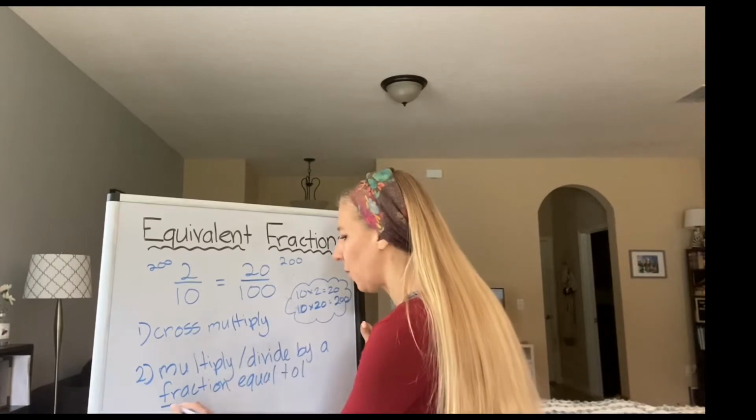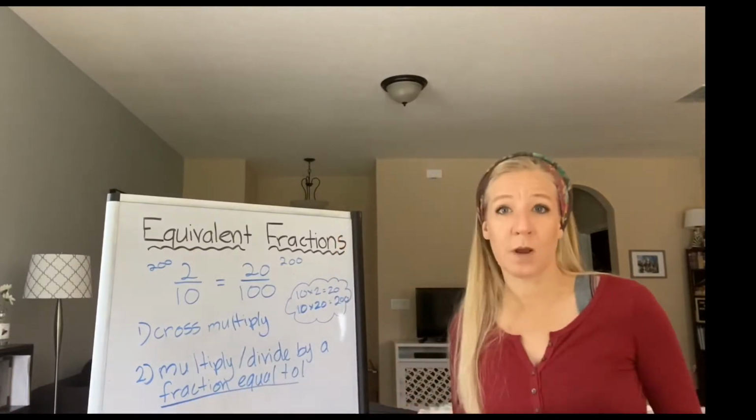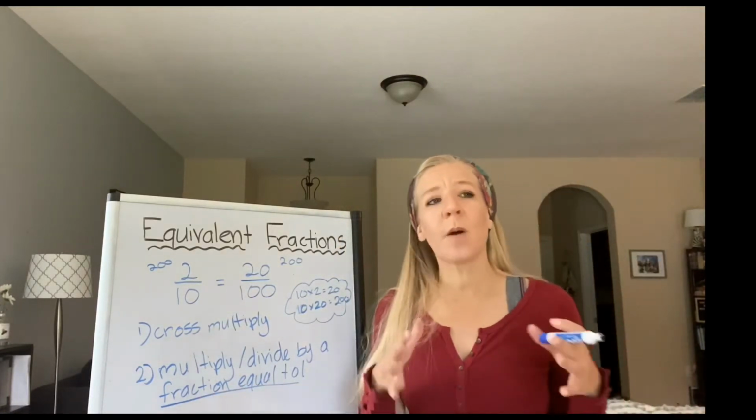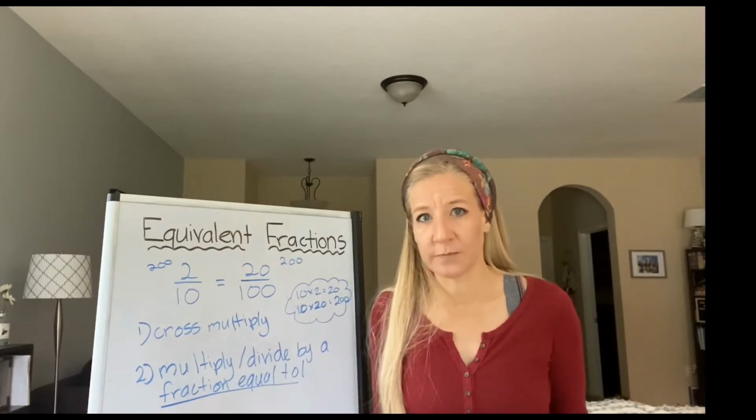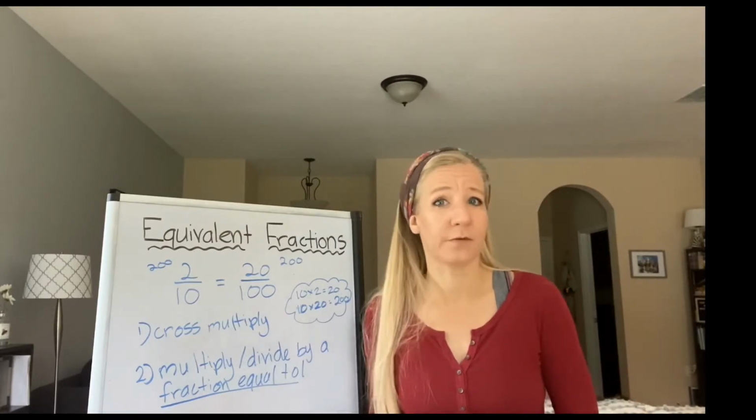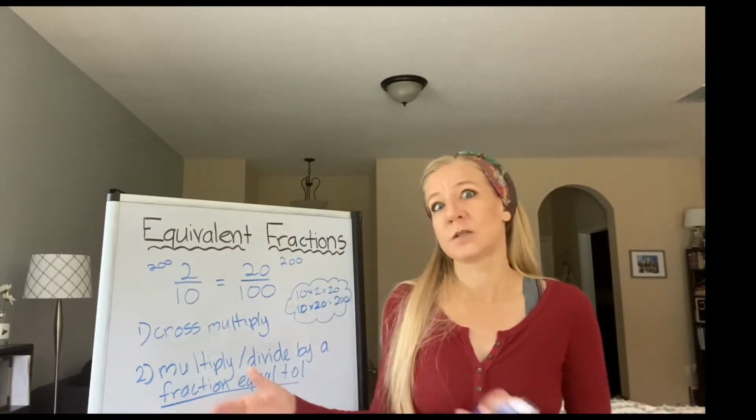And it's very important that it's a fraction equal to 1. Because think about what happens when you multiply something times 1. 5 times 1 is 5. 27 times 1 is 27.